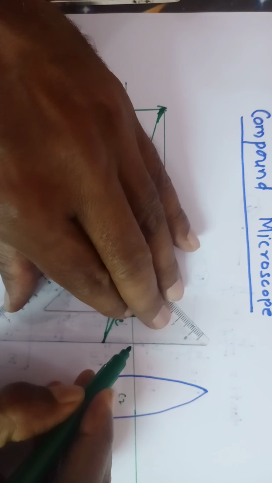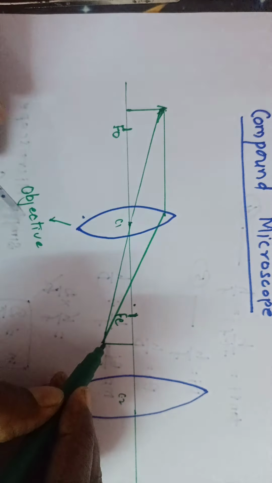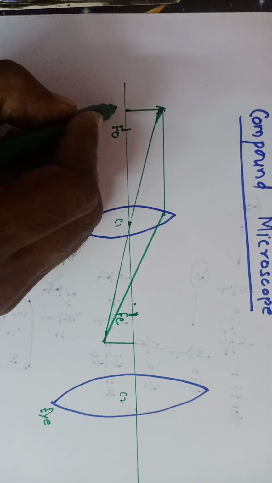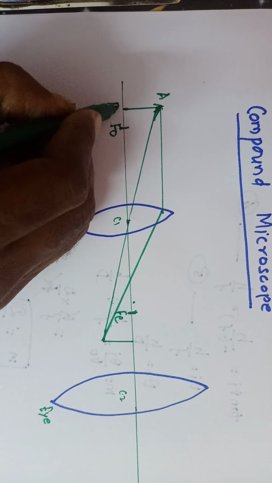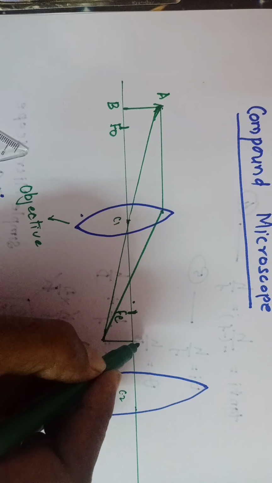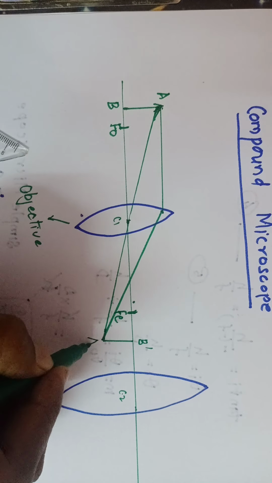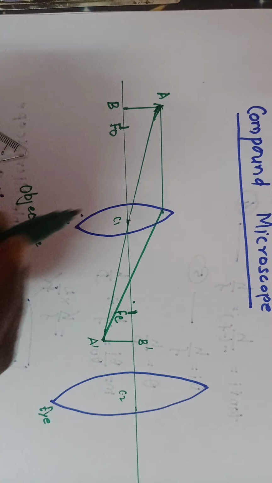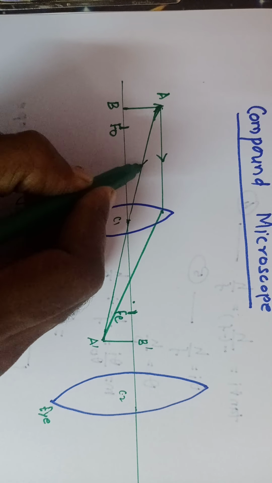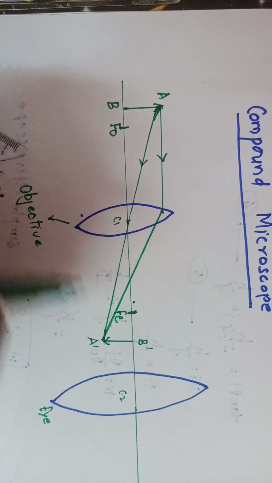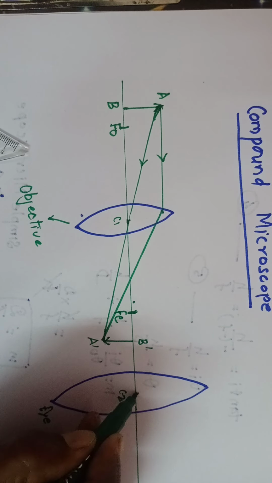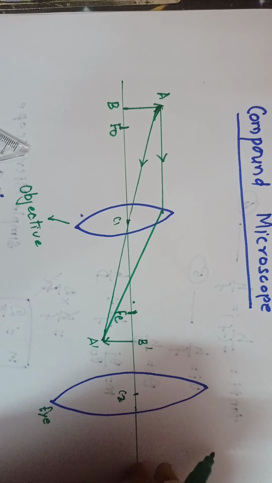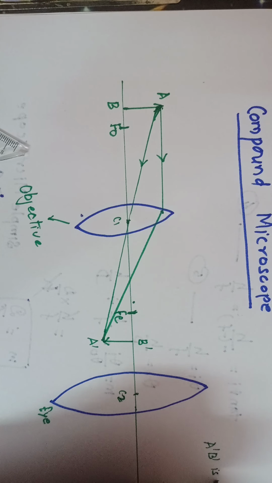This is AB, and this is A dash B dash. A dash B dash is the inverted image formed for the object AB, and this image is formed between C2 and Fe.